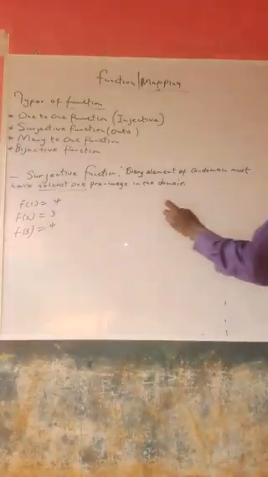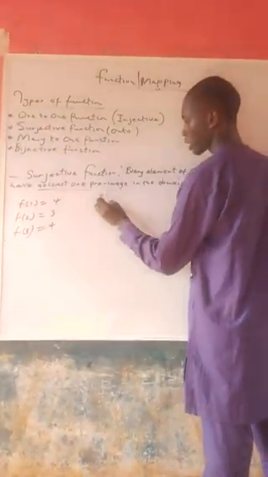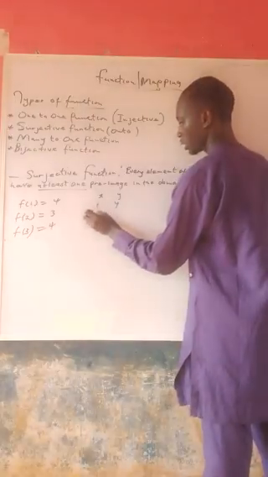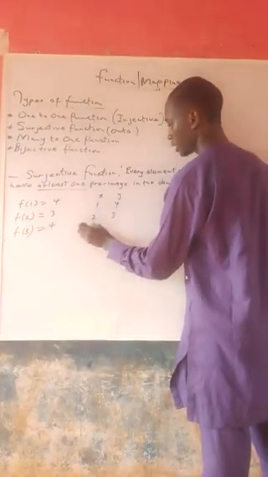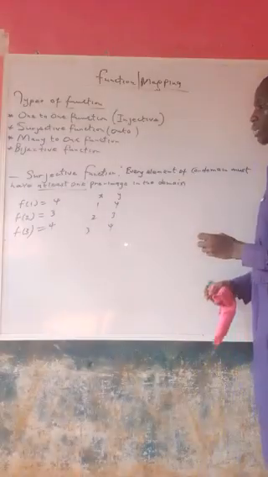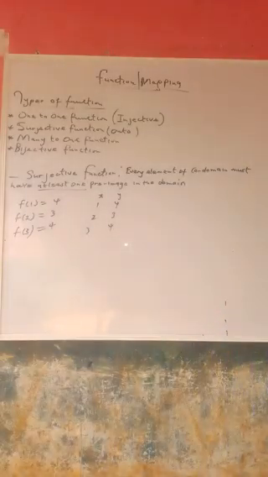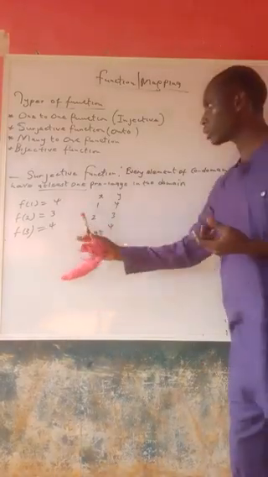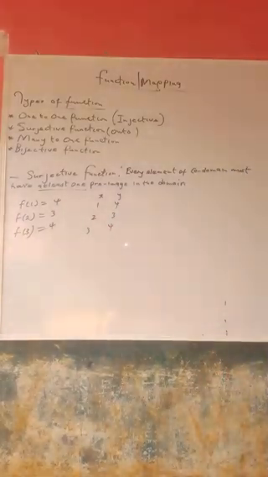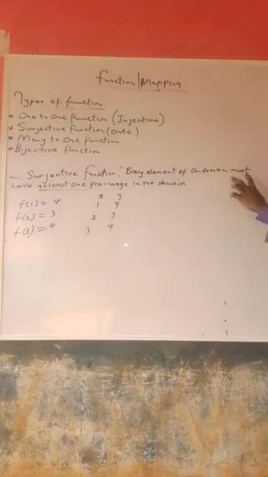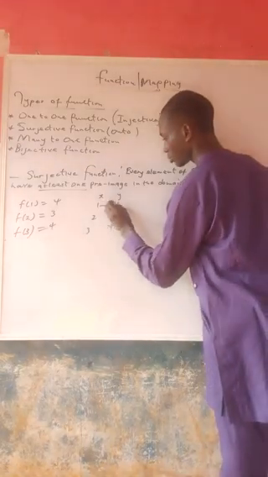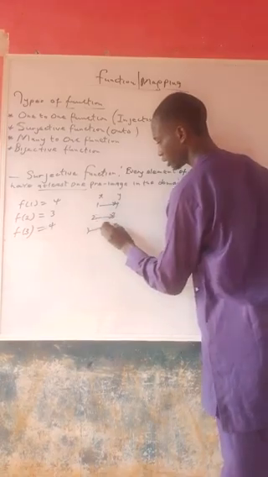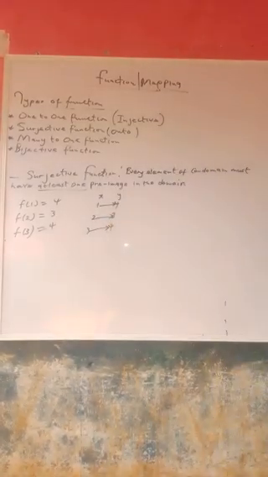So this means that we are going to have x1, y4, x2, y3, x3, y4. So this is what we call a surjective function. All the elements in the codomain must have at least one pre-image in the domain. This is marked to this, this is marked to this, this is marked to this. Alright, must have at least one pre-image in the domain.